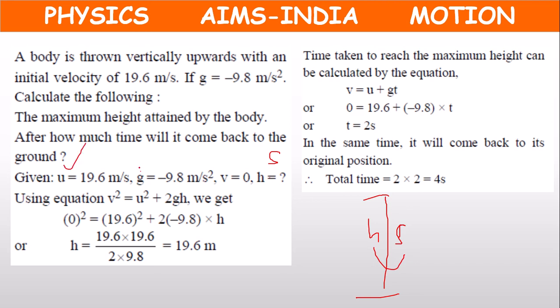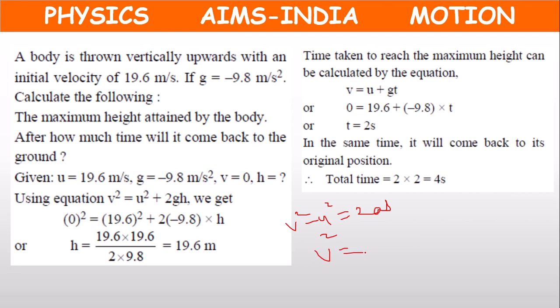So U, G is indirectly A, V and S. The formula is V square minus U square equal to 2AS, or V square equal to U square plus 2AH, or in the place of A we can take G, 2GH. So V square equal to U square plus 2GH.